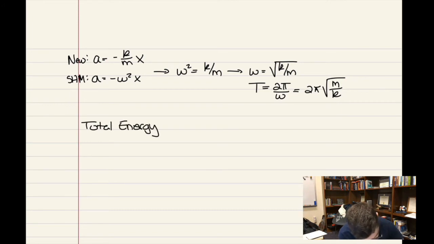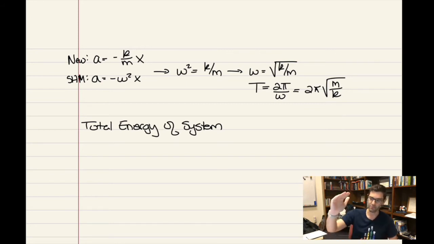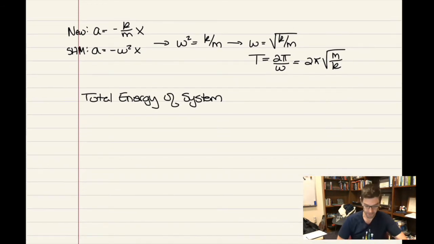And we know that this energy is conserved, so that no matter where the box is, as it's bouncing on the spring, the energy is always the same, whether it's at the top, whether it's at the bottom, whether it's whizzing through the middle. The total energy must be conserved. Let's actually write down what that is. So total energy T is the kinetic energy plus the potential energy.